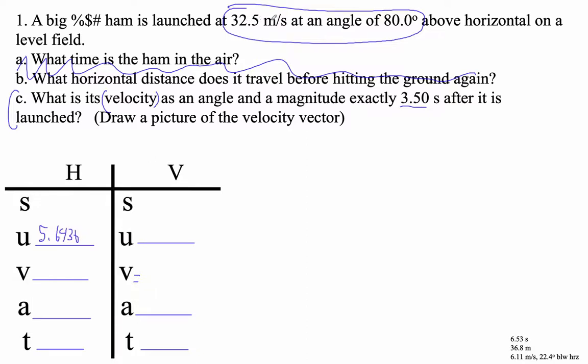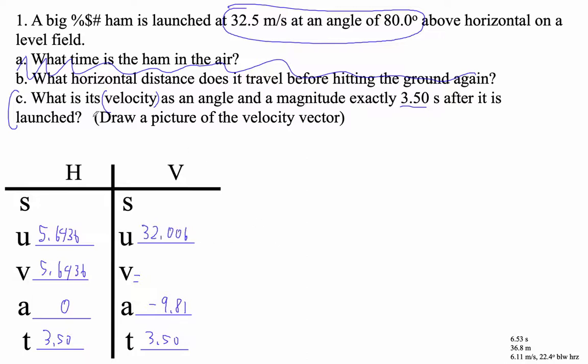And that's just 32.5 cos 80, right? And then, of course, this is 0, and then it's asking for 3.5 seconds. And then, of course, always know that's negative 9.81. And then our initial velocity here is 32.006.